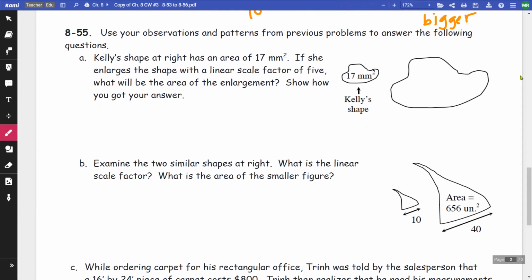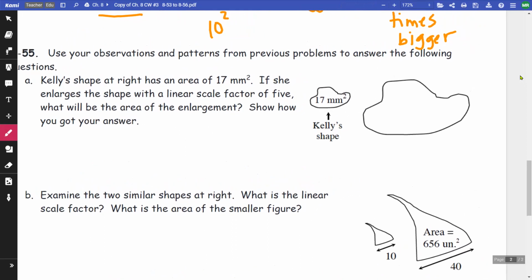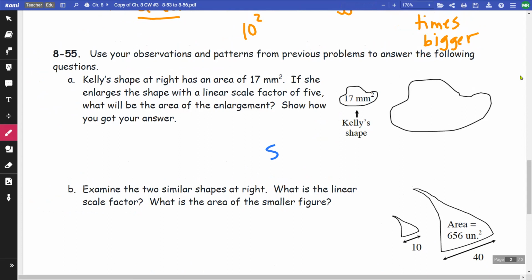Kelly's shape at the right has an area of 17 millimeters squared. If she enlarges the shape with a linear scale factor of 5, what is the area of the enlarged shape? So if my scale factor is 5, what am I doing to the area?